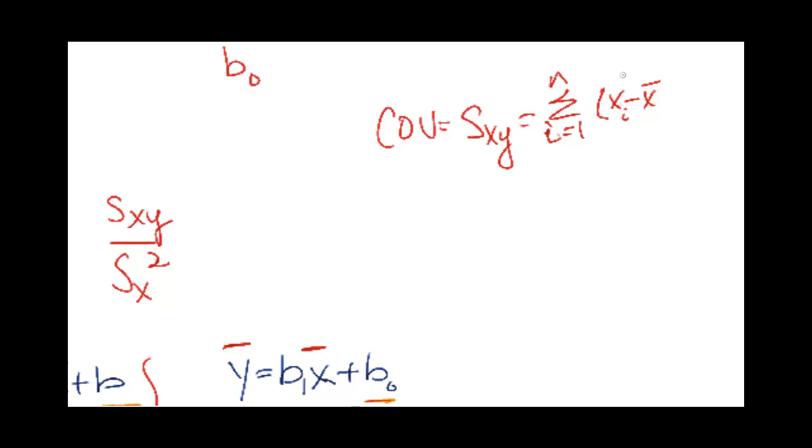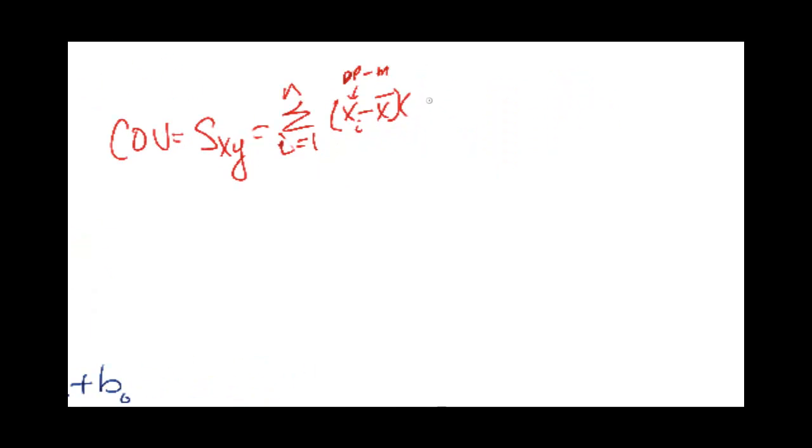So each data point minus the mean, or the average, for the x's, and the same thing with the y's. The data point for the y minus the mean for the y. All over, because this is a sample, n minus 1.